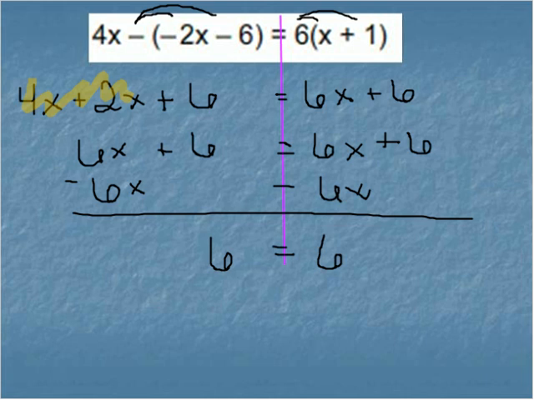They're no longer there. We have 6 equals 6. That's a true statement. That means our answer is all real numbers. Okay, so we started off with kind of a tricky one. Our answer here is actually all real numbers because we ended up with a true statement there of 6 equaling 6.